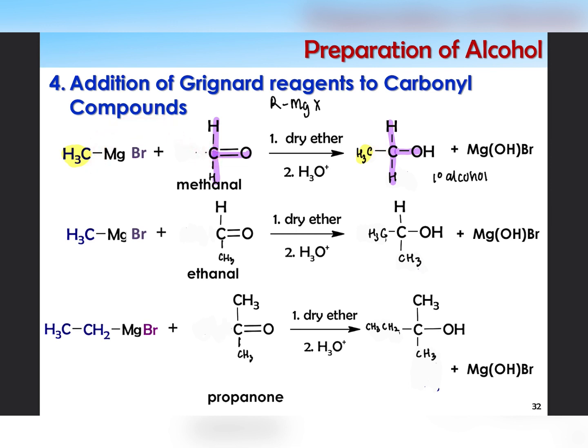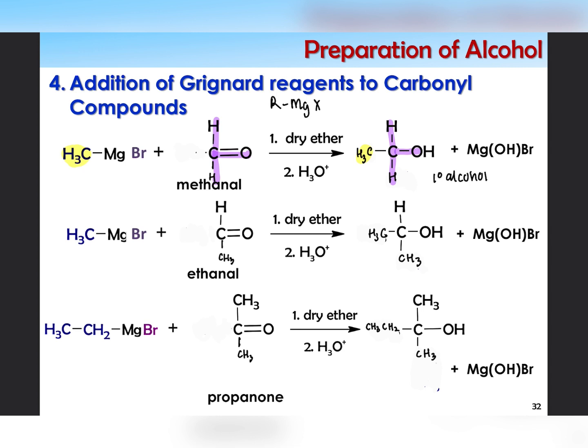Okay, so before you get this product, actually dia akan jadi OMgBr. Okay, then second step baru kita buat hydrolysis. So bila buat hydrolysis, barulah kamu gantikan OMgBr ni jadi OH.